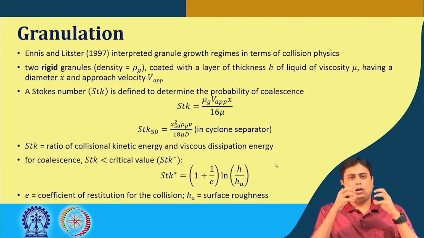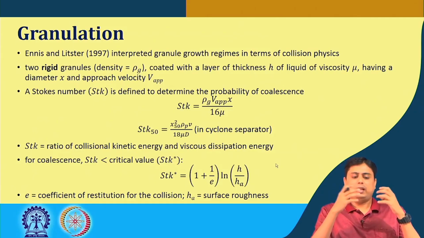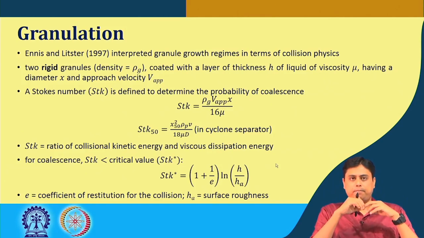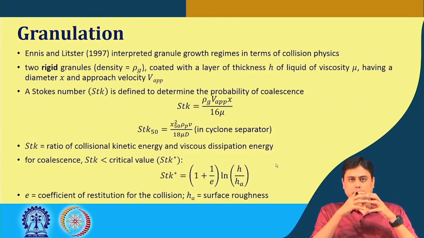So, two hard granules of density rho g coated with a layer of thickness h of liquid that has a viscosity mu, having a diameter x and approach velocity v app. Now, the possibility of coalescence has been determined based on a Stokes number.